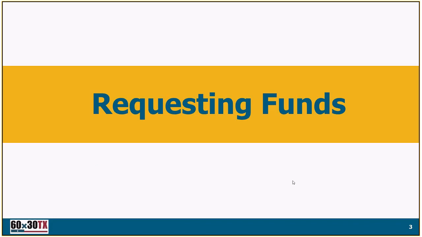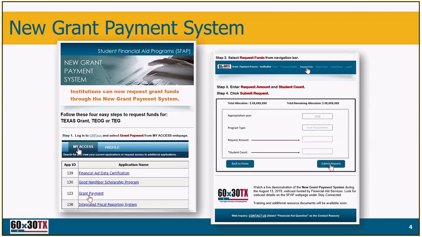So requesting funds. On August 1st, we sent out a flyer to the institutions letting you know that there is a new portal available to request grant funding for the 3 state funds, Texas Grant, TEOG, and TEG. The steps for requesting funds are pretty much the same as they always have been, but this is through a newer, secure, and more efficient site.